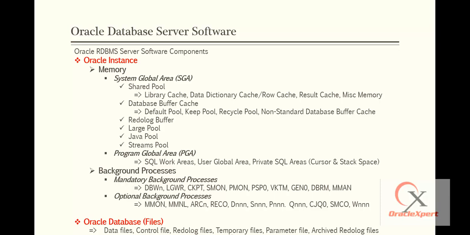There are many different types of files, but to list a few, we have in general data files, control files, redo log files, temporary files, parameter file, archived redo log files, password file, log and trace files, block change tracking files, and network configuration files.